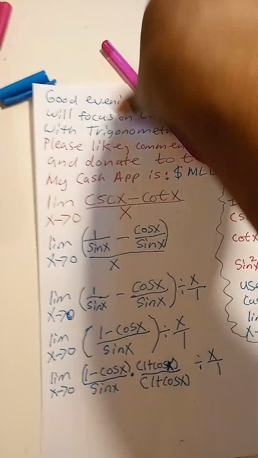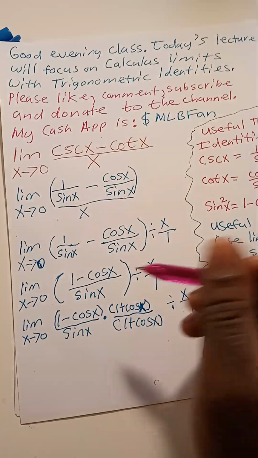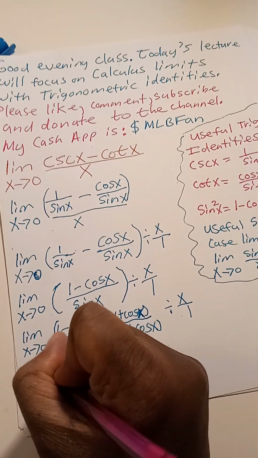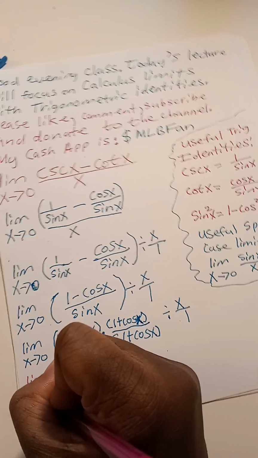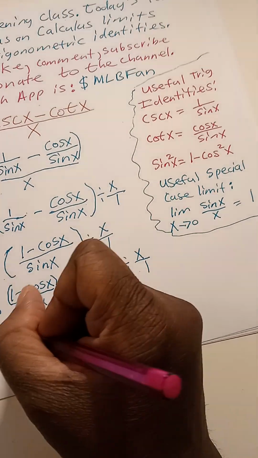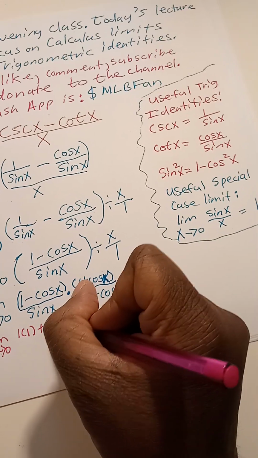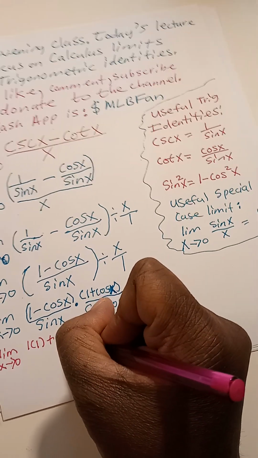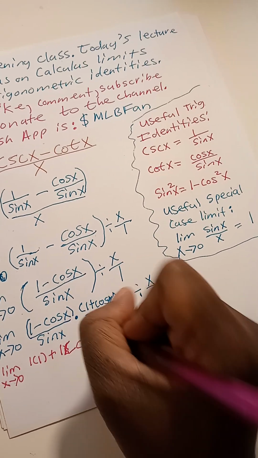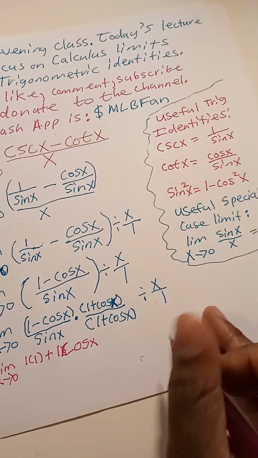Now we need to FOIL in the numerator. So the limit as x goes to 0, it's going to be 1 times 1 plus 1 cosine of x, that's the outer portion of the FOIL.